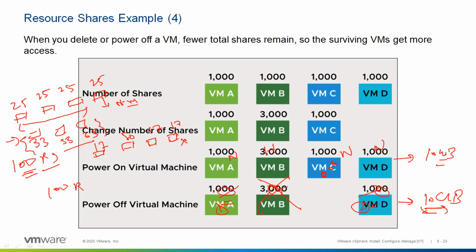If one person is no more available, what will happen? The ratio will increase; half you will get out of the remaining. So half of this 17 will be added here, and out of that half, some will be added here and here. So definitely this value will go up. It will be approximately 59 and it will be approximately 21. So the shares will increase in the same ratio. Correct?